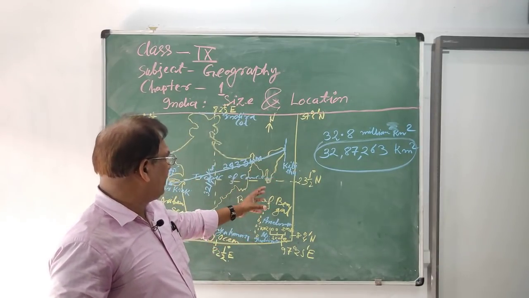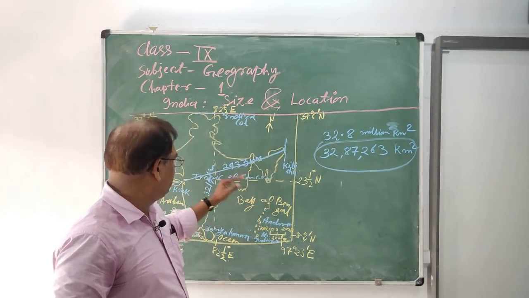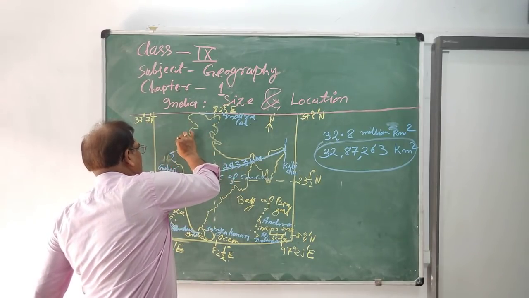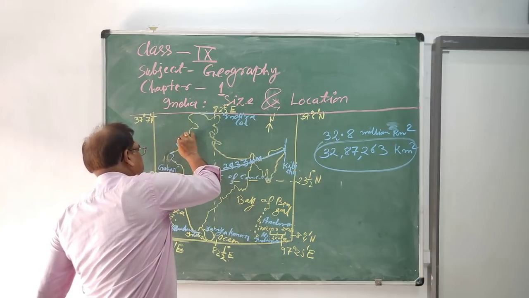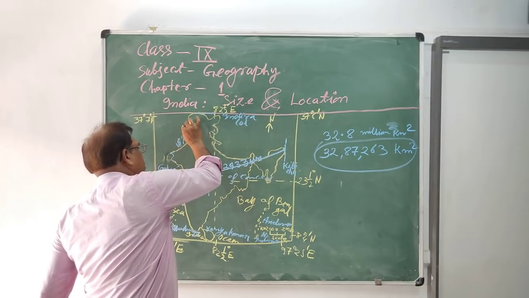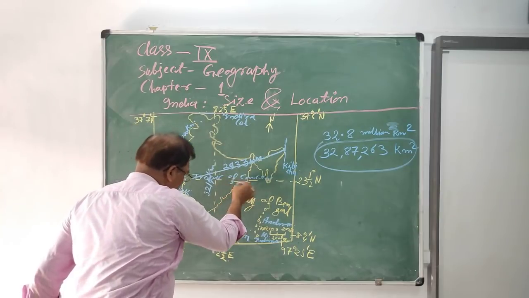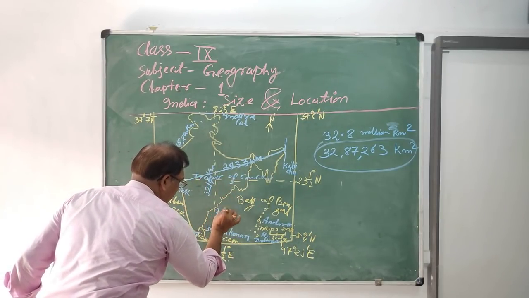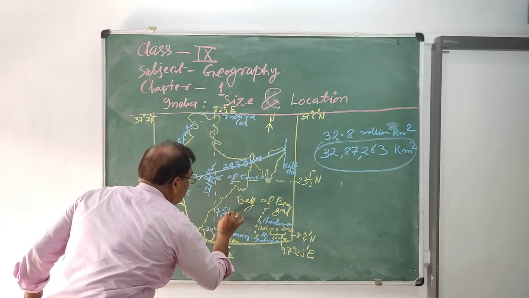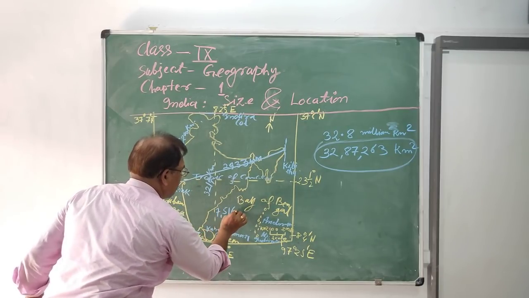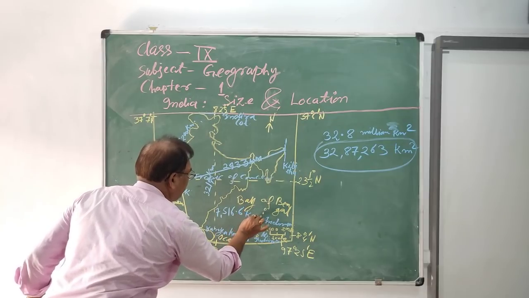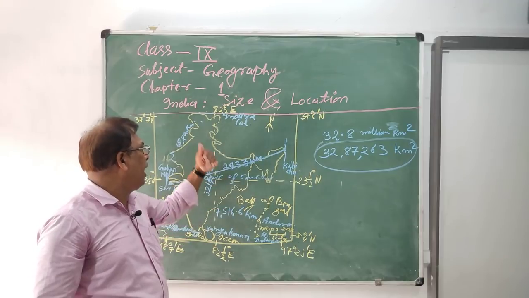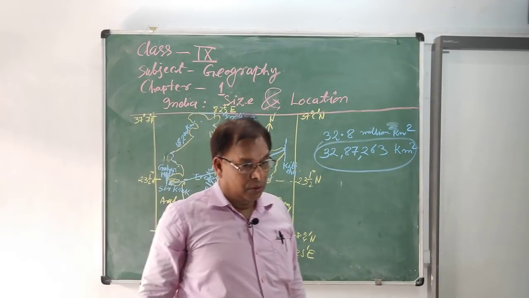So the area of India, length, breadth, and total boundary line of India is 15,200 kilometers, and the total coastline of India is 7,516.6 kilometers. The boundary line is just like double the coastline.